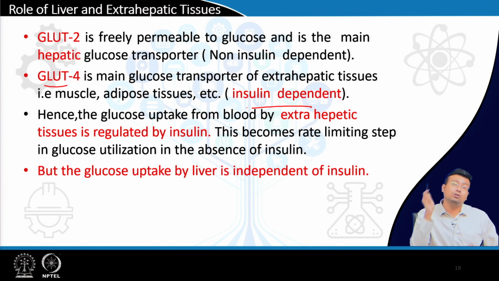And insulin can also tell them to stop when needed, but it cannot tell the liver. So in the liver the uptake is independent of insulin, right. This is a very important mechanism by which the peripheral cells can spare glucose in order to divert the available glucose to the brain in case of hypoglycemia, right.